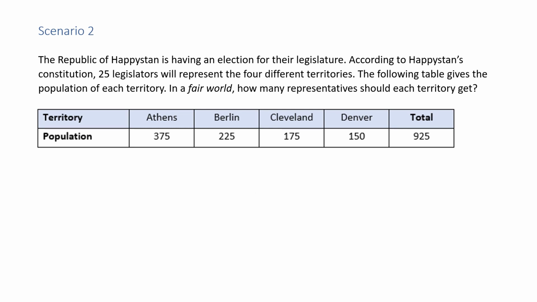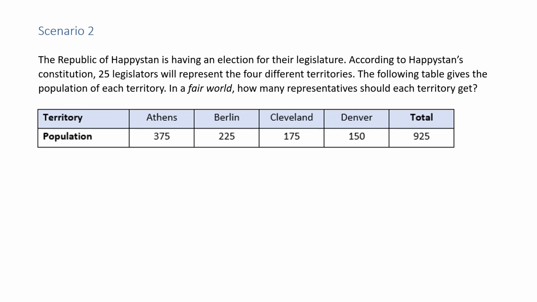Scenario 2. The Republic of Happystan is having an election for their legislature. According to Happystan's constitution, 25 legislators will represent the 4 different territories. The following table gives the population of each territory. In a fair world, how many representatives should each territory get?